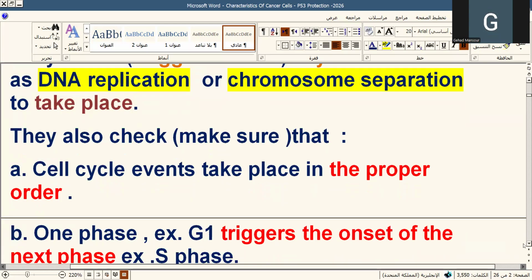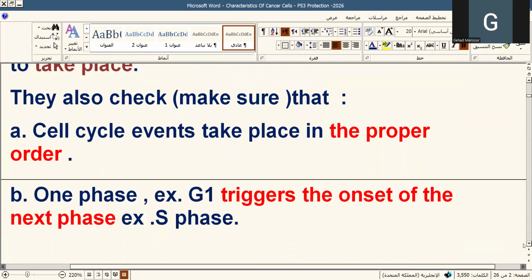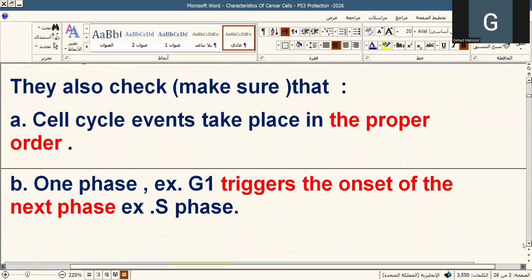But in addition to those key events that are triggered by cyclin and CDKs, they also do something else very important, which is to check that the order of the events in the cell cycle is correct, meaning that G1 should precede S and S should precede G2.